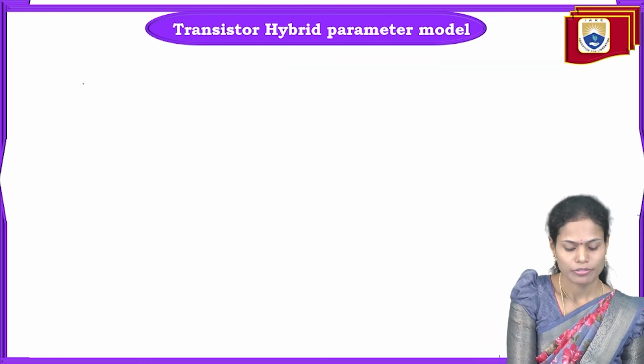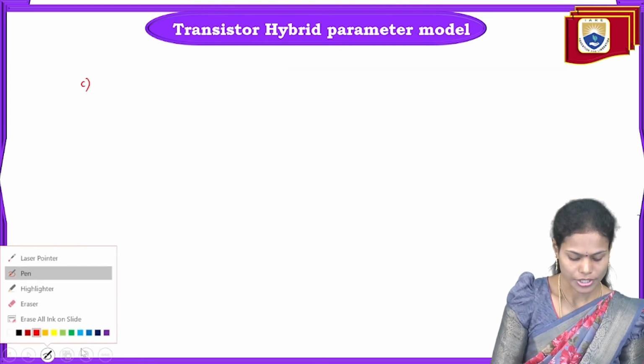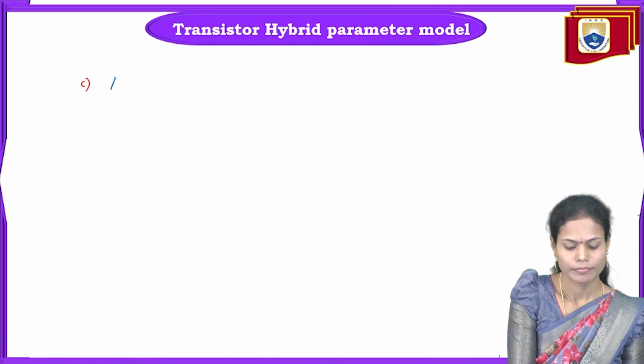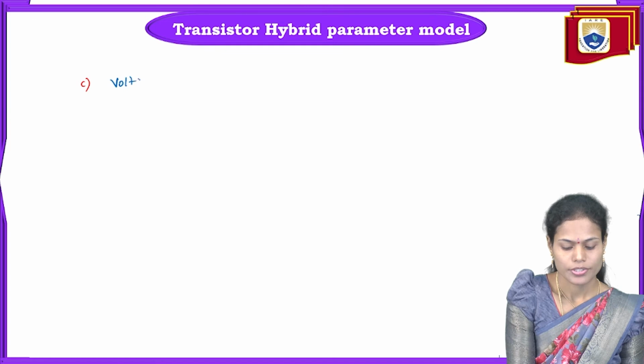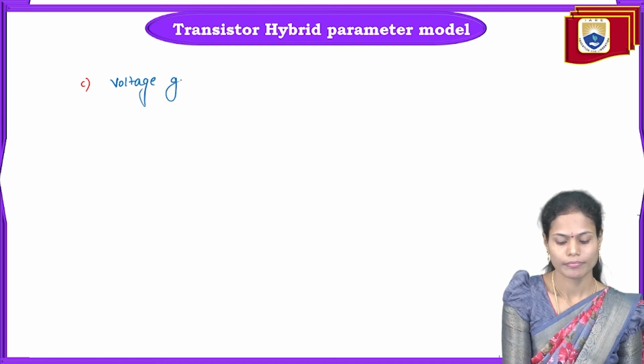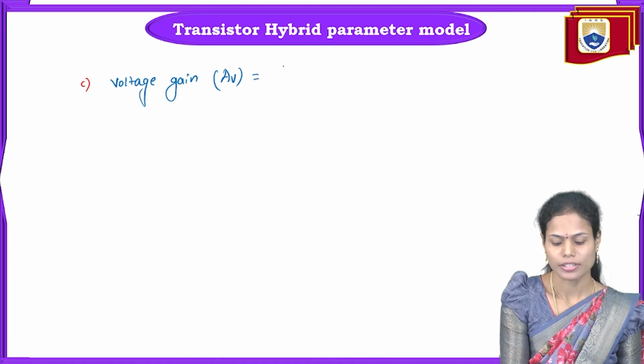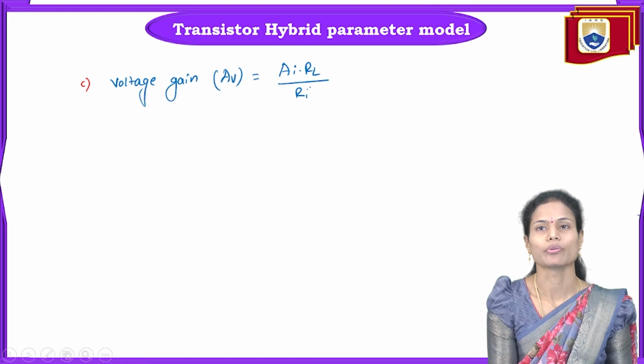And the next parameter we need to calculate here is voltage gain. Av in exact analysis is Ai into RL by Ri only.